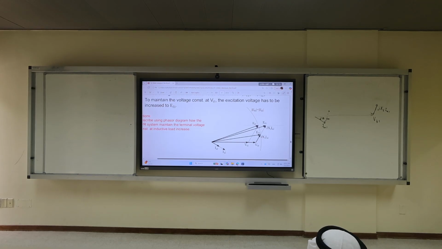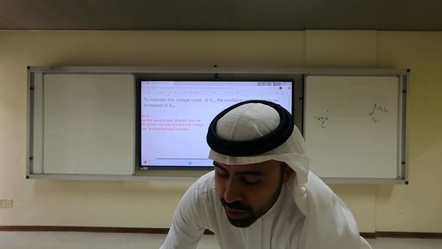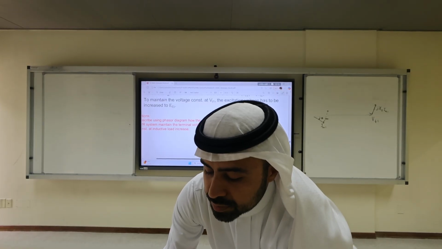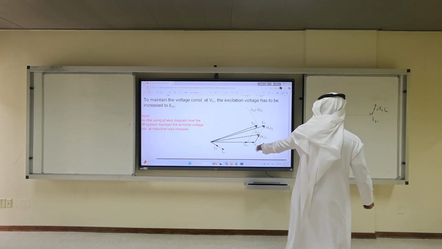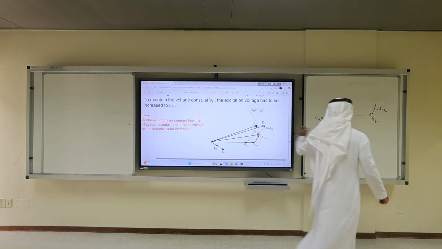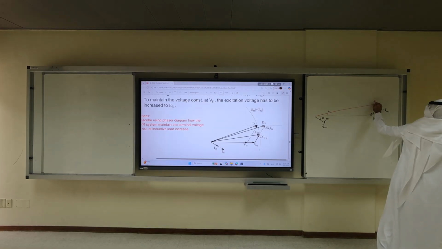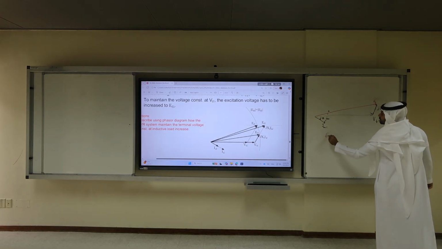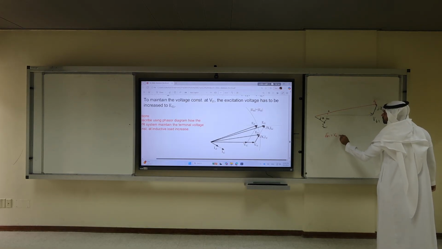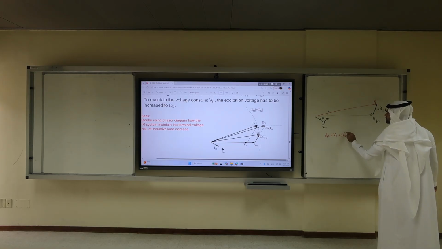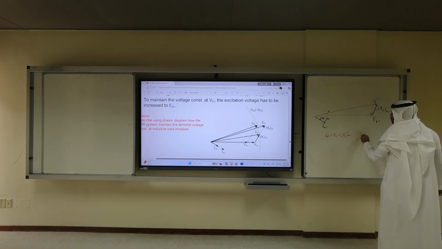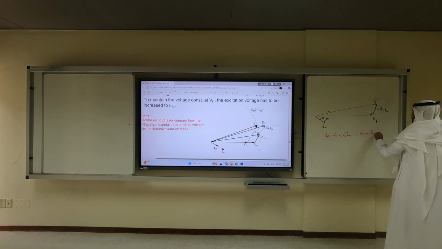Then I do the vector calculation to get EF1, which is this vector, corresponding to the equation EF1 equals VT1 plus J XS IA1. We ignore the armature resistance.